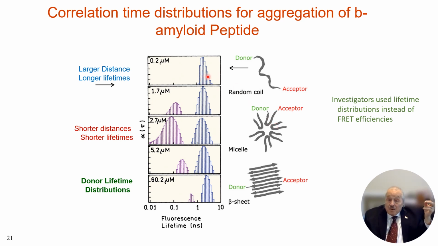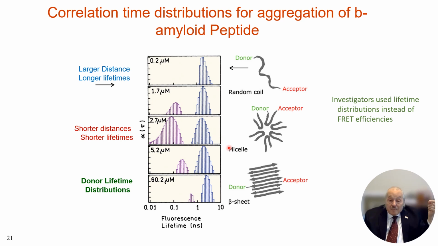They found a single lifetime, meaning a single distance, at the low concentrations. In the middle range, they found two distributions, and they're very wide, which was consistent with their statement that the amyloid peptide was forming something like a micelle when it was at an intermediate concentration range.